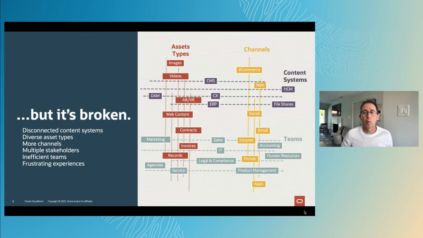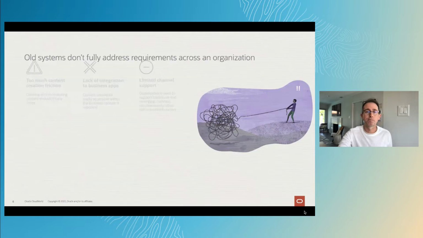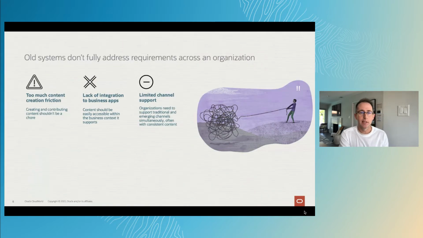And of course, the more content you have, the more channels you have, the more systems you have, the more teams are involved in making sure that the right content is being created, managed, and also retained. And by having so many disconnected systems, that's resulted in inefficient teams and frustrating experiences for customers as well as employees.